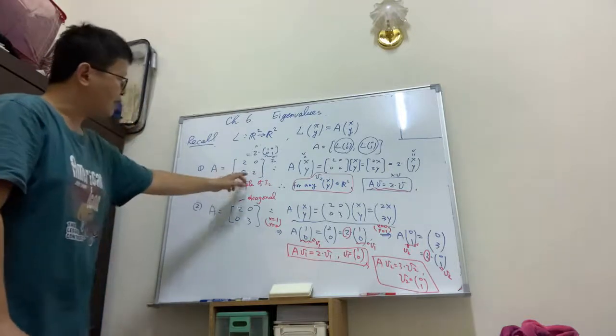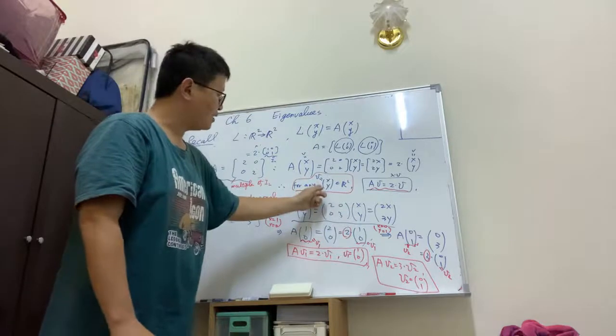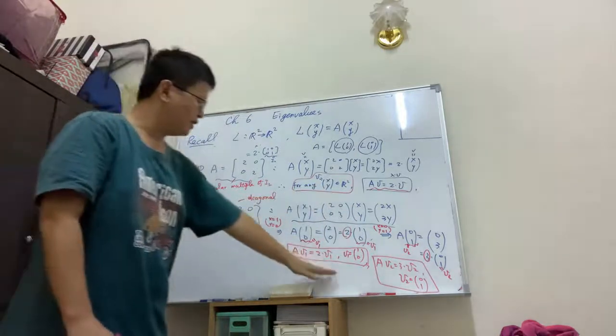If the diagonal entries are the same, we have this case for any vector V. But if the diagonal entries are different, then we have this one.